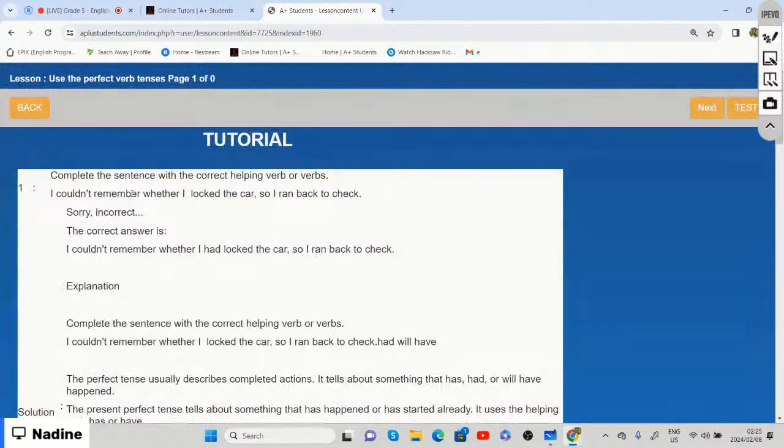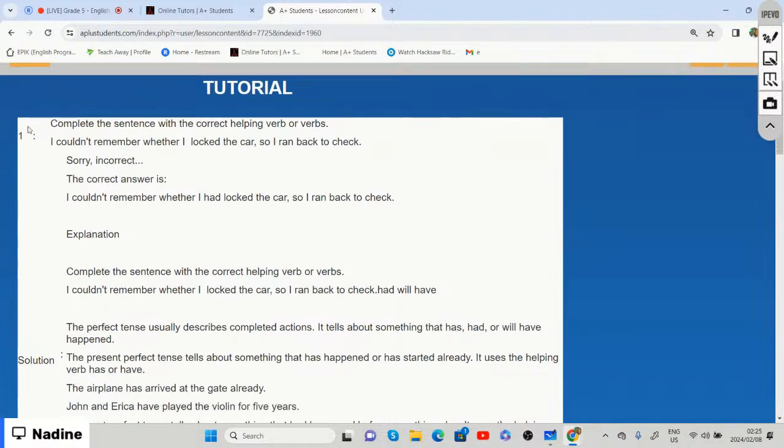It says, I couldn't remember whether I locked the car, so I ran back to check.